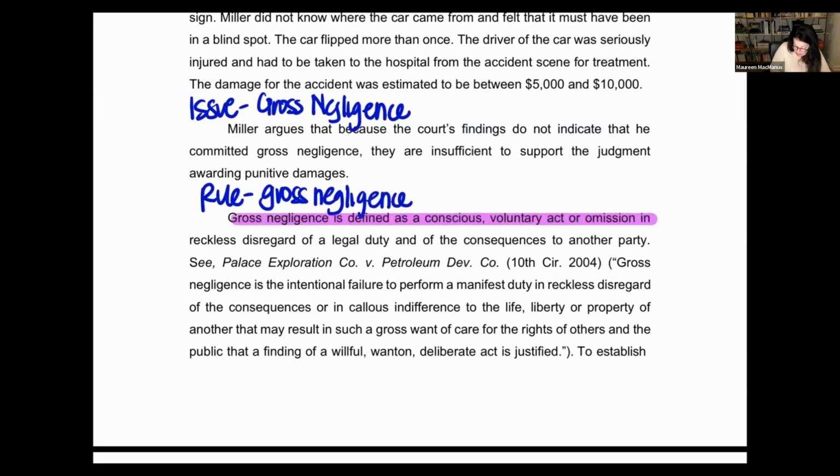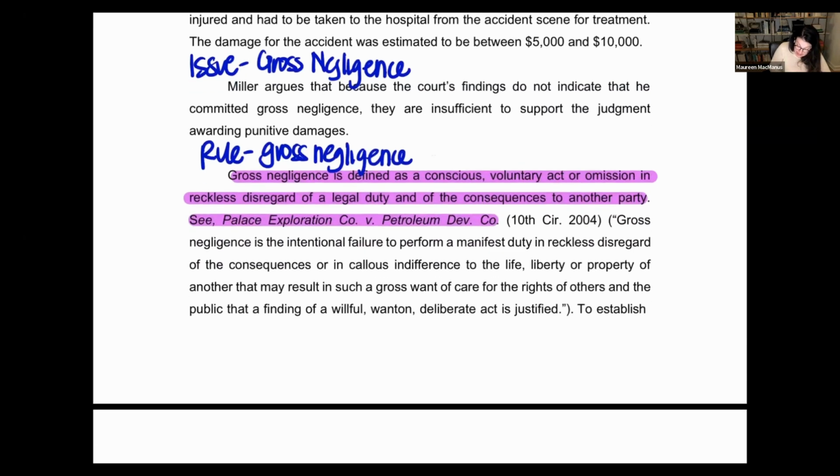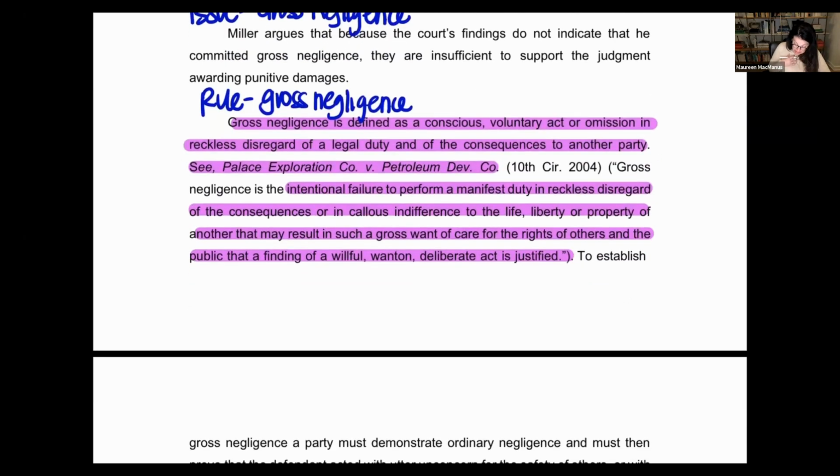And they cite this other case, not a big deal. You might include a little bit more detail. So gross negligence is the intentional failure to perform a manifest duty in reckless disregard of the consequences or callous indifference to the life, liberty, or property of another that may result in such a gross want of care for the rights of others and the public that a finding of willful, wanton, deliberate act is justified.